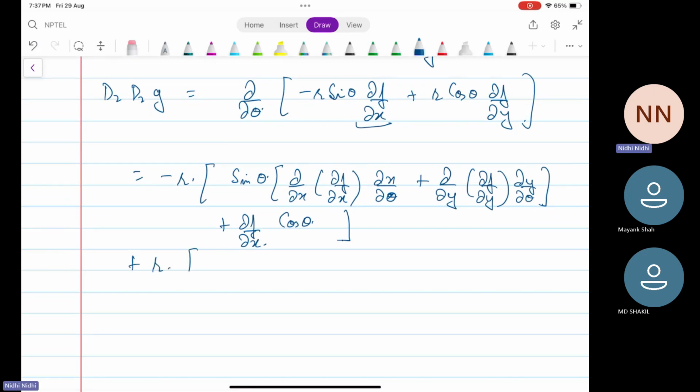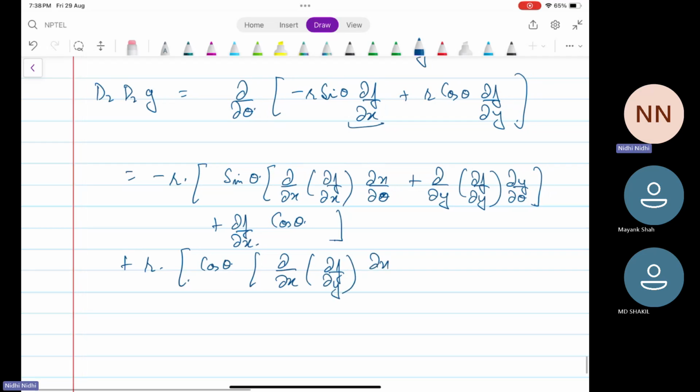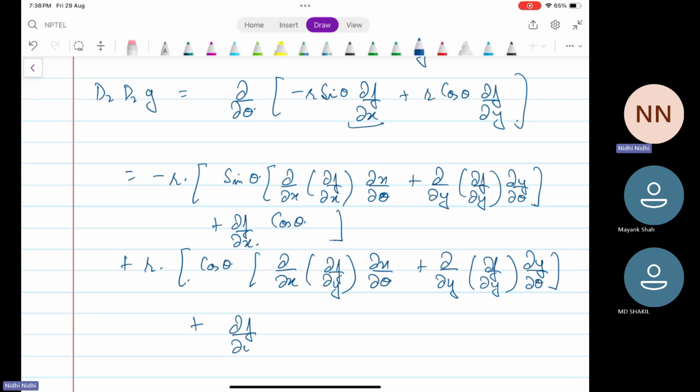Plus r, again cos theta as it is, del by del x of del f by del y, then derivative of x with respect to theta, plus respect to y, then derivative of y with respect to theta, plus del f by del y as it is, derivative of cos theta is minus sin theta.